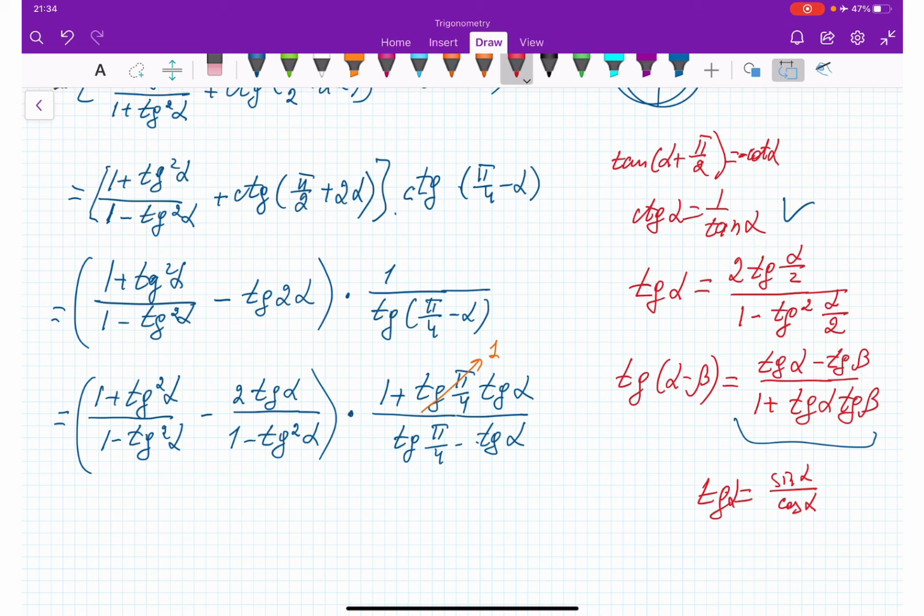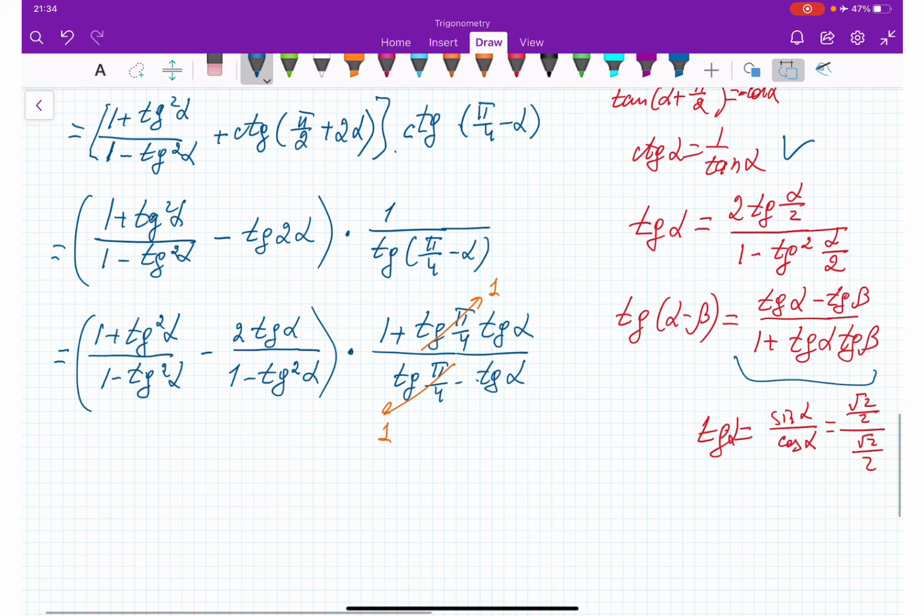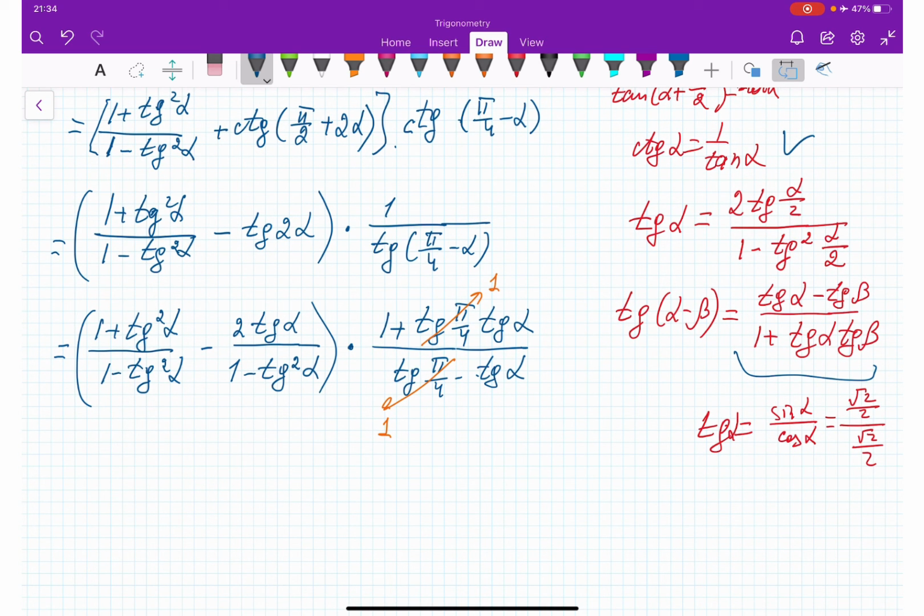For 45 degrees, since sine is equal to cosine and it's equal square root 2 over 2, so it's equal 1. The same thing is here. It's 1. Okay?